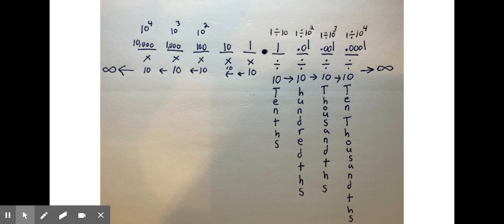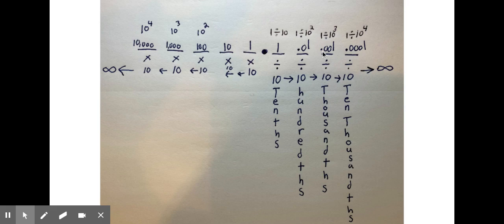Let's go 10 times smaller, or divide by 10. When I say 10 times smaller, it also means divide by 10. I know it's kind of confusing. Get used to it. Now we have the thousandths place value. If I divided 1 by 10 to the third power, the decimal would start here and I move it 3 places. 1, 2, 3.